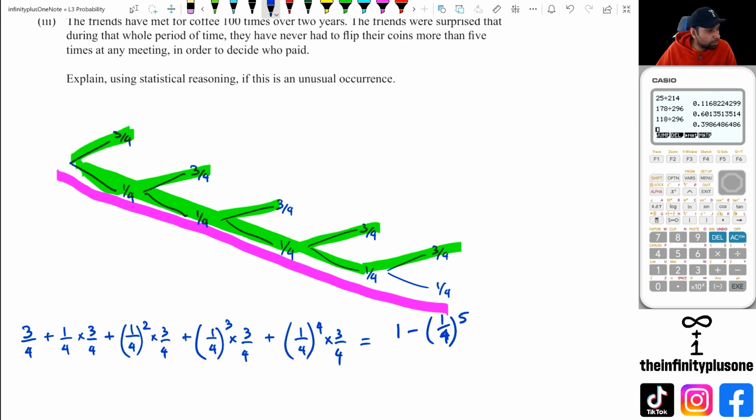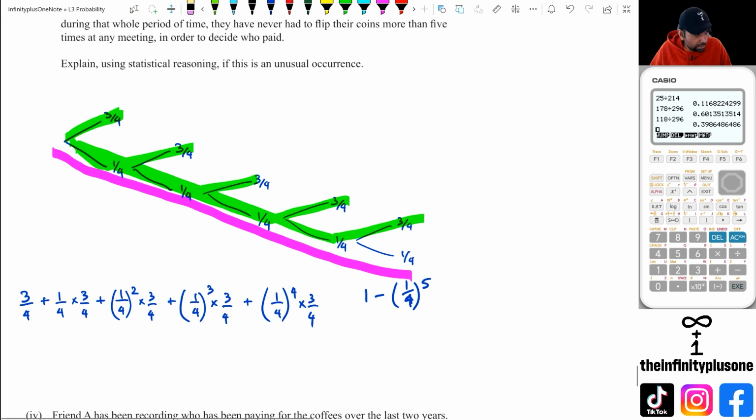Now both of these probabilities are not equal to each other. Well, actually no, 1 minus that should equal to each other, because I would get 1 to the power of 2024. Yeah. So let's work out this one here.